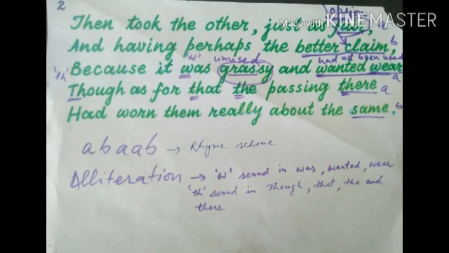Now another poetic device used in this stanza is alliteration. Alliteration is repetition of a consonant sound at the start of two or more words. Now we can see the W sound is repeated in the words was, wanted, and where in the third line.